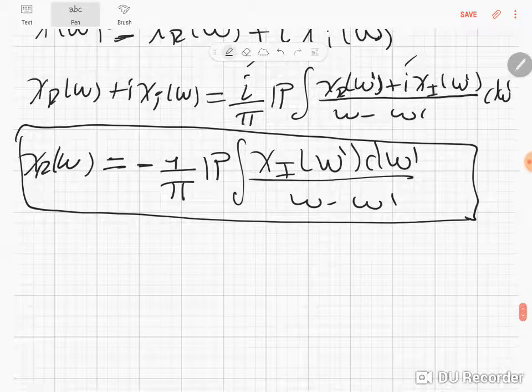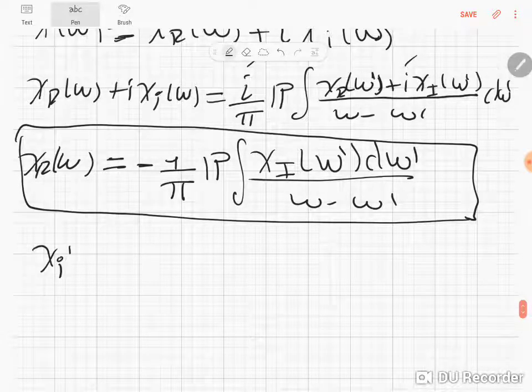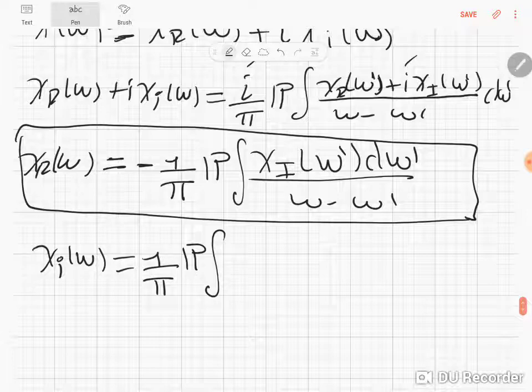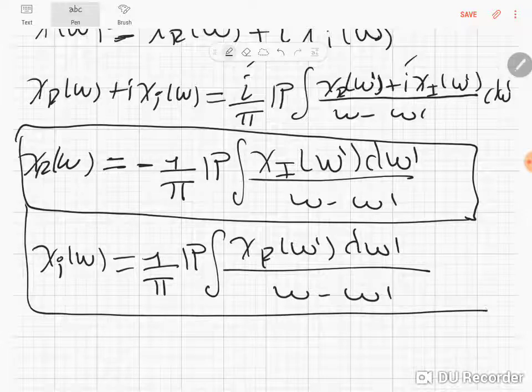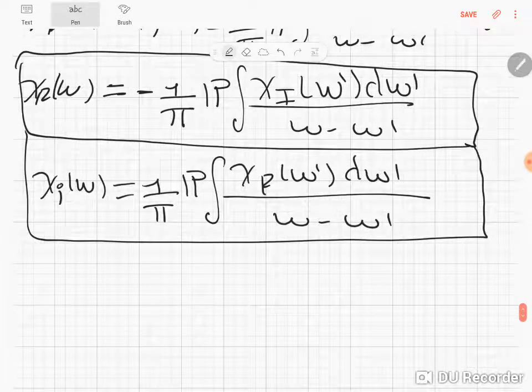Now, the imaginary part of that susceptibility will be equal just to 1 over pi, principal value of the integral of chi real of omega prime, d omega prime, divided by omega minus omega prime, like this. So then we have these two Kramers-Kronig relations, and then you can say, well done.